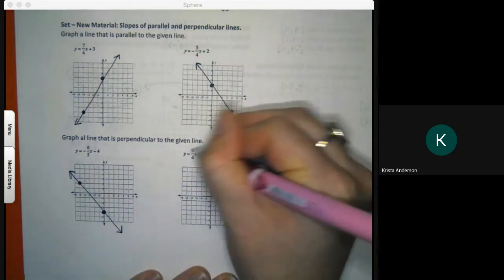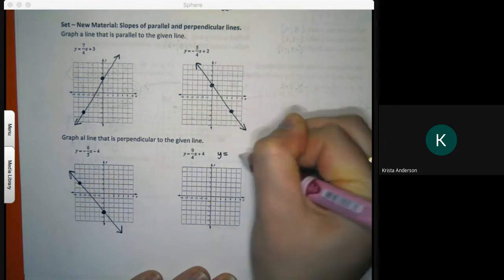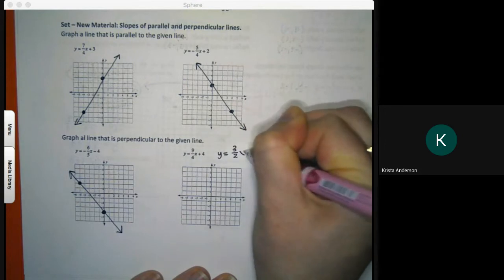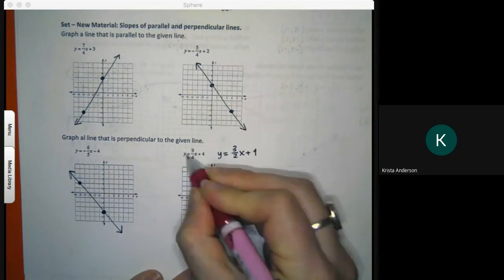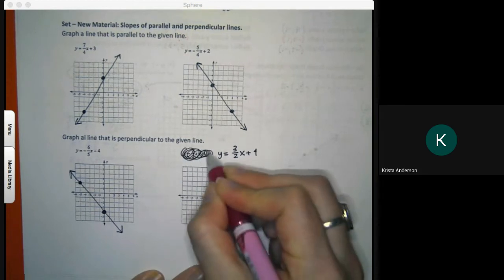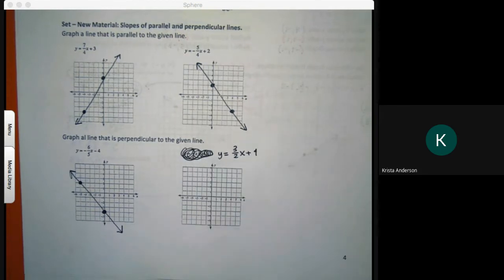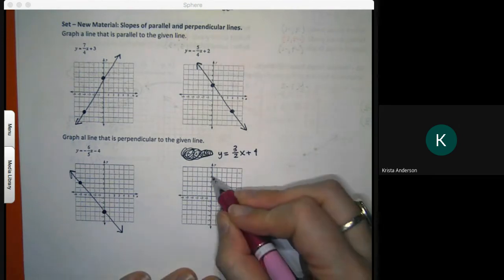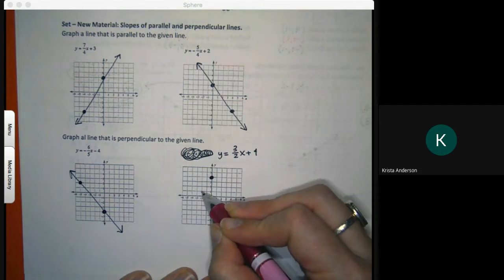For this equation, I'm going to edit it. Will you put a dot on the 4? And -2 up 1, put a dot.